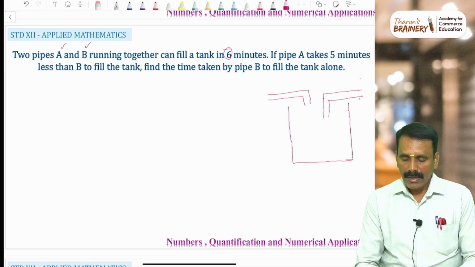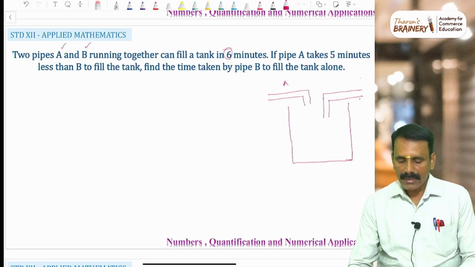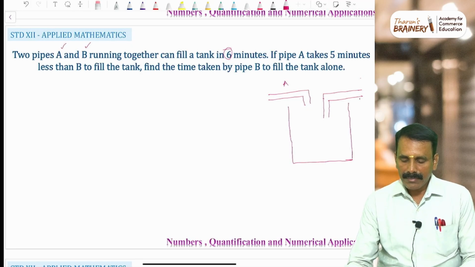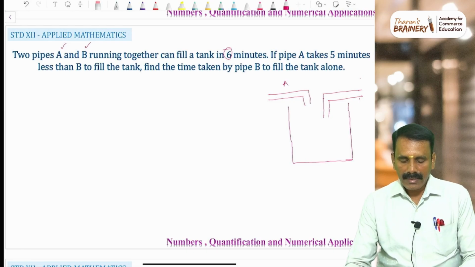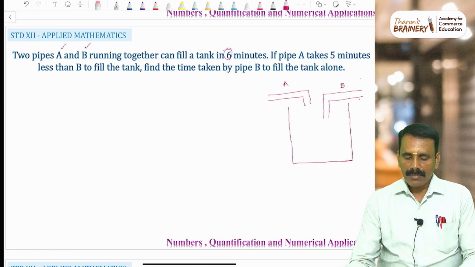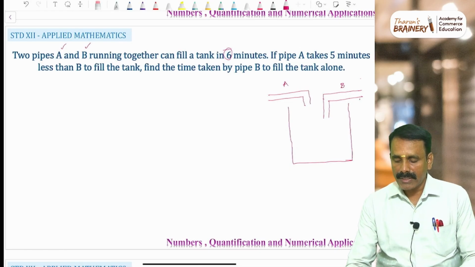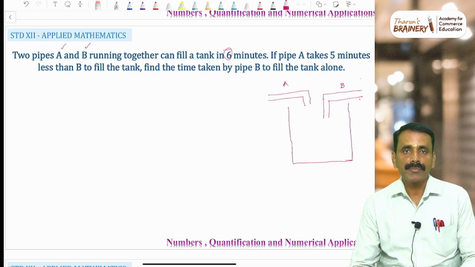And pipe A takes 5 minutes less to fill the tank than pipe B. Suppose pipe B takes 10 minutes to fill the tank, then pipe A will take only 5 minutes.